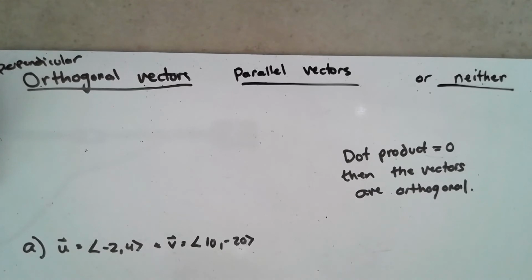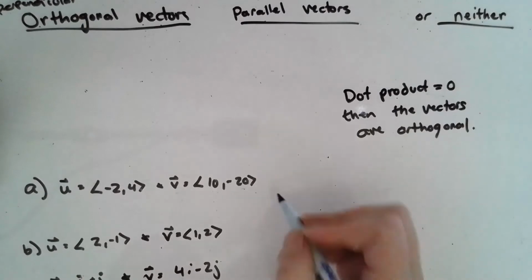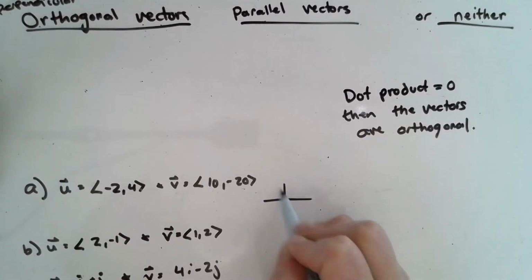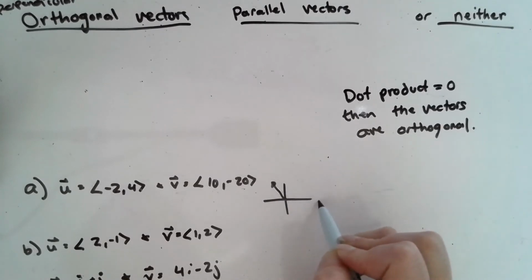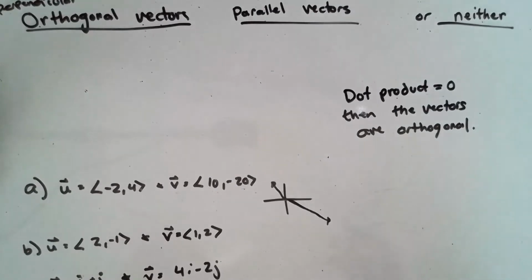We could also think about this by looking at them, and I want to always draw these. There's actually easier ways, but let's just look at this. So we have a vector at -2, 4, somewhere over here, and then we have one at 10, -20, so down here, and that is a horrible freehanding.